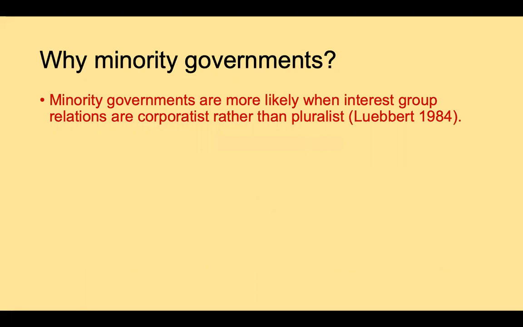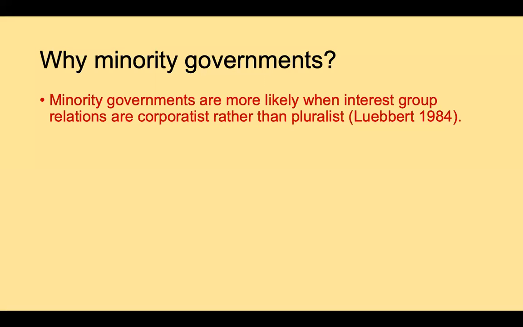Another possibility and another reason that minority governments often come up relates to the form of interest group relations. In a lot of European countries, they have what we refer to as corporatist interest group relations, where large centralized unions and large centralized employers associations are brought into formal bargaining arrangements where they cooperate to set wages combined with the involvement of the government.